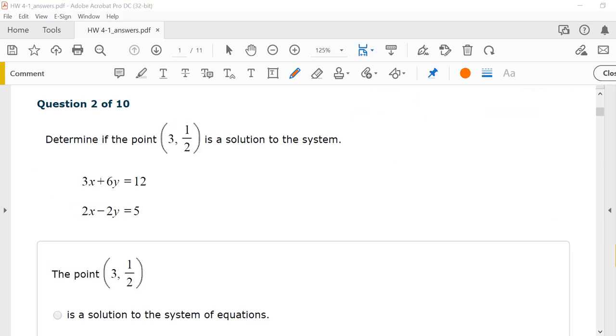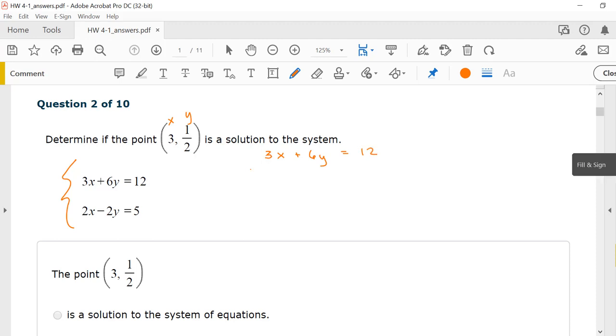Question 2. Determine if the point (3, 1/2) is a solution to this system. Okay, remember the 3 is going to be our x and the 1/2 is going to be our y. We need to plug those in to both equations to see if we get a true statement or not. So the first equation is 3x plus 6y equals 12.